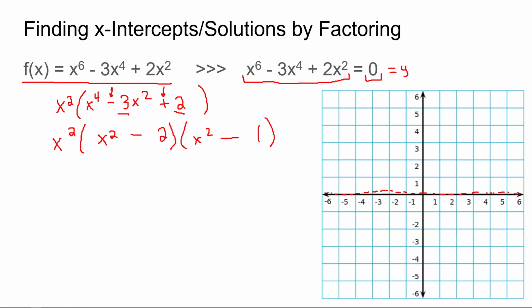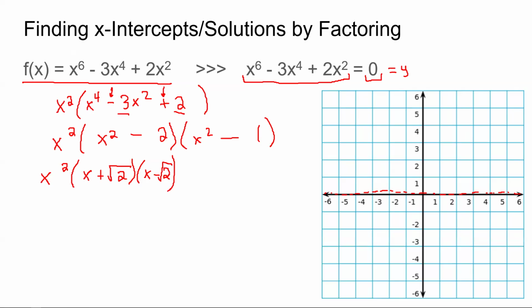We're also not done. And so let's keep going with it. Both of these can be factored. This one right here would be a difference of two squares if 2 is a perfect square. It's not, but you know what we can do? I could write it as x plus the square root of 2, x minus the square root of 2. Now, I didn't get an integer there, but that will work. And x times x would be x squared for the first times first.